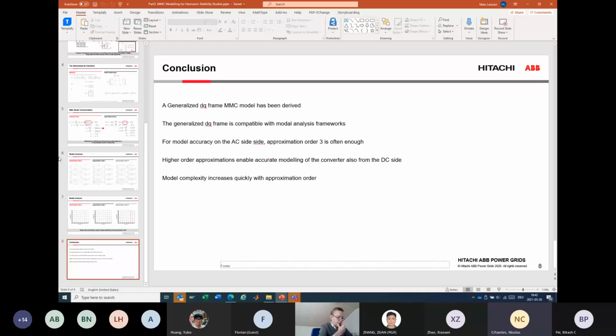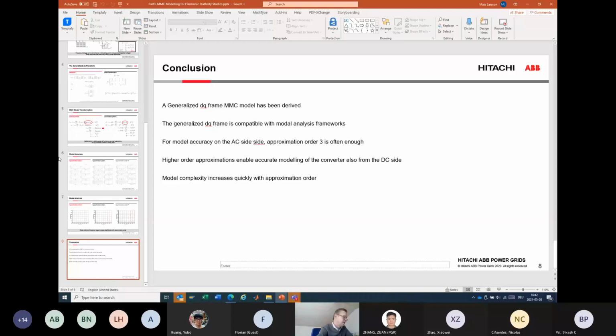Yeah. So what we are doing with this MMC converter, internally we have a representation with the multiple DQ frames. We need that to model what's going on the DC side, and we need it to model what is going on in the control system of the HVDC. But you don't actually need it to model what comes out of the converter on the AC side.